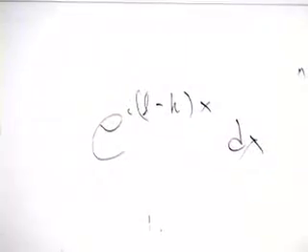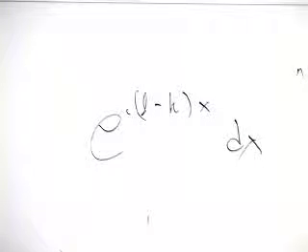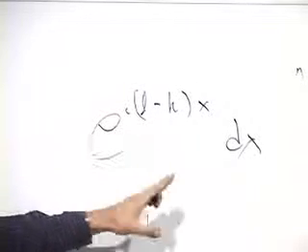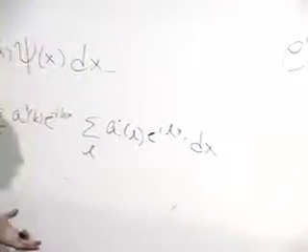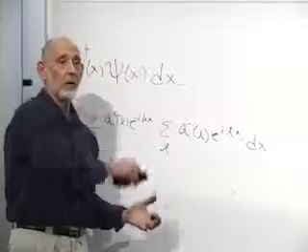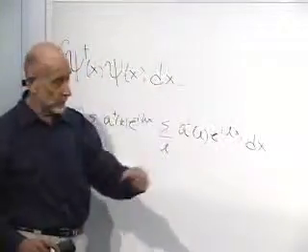That's the integral that appears here: e to the ILX times e to the minus IKX, integrated dx. What do we integrate over? We integrate over all of space, which means over this circle of length L.